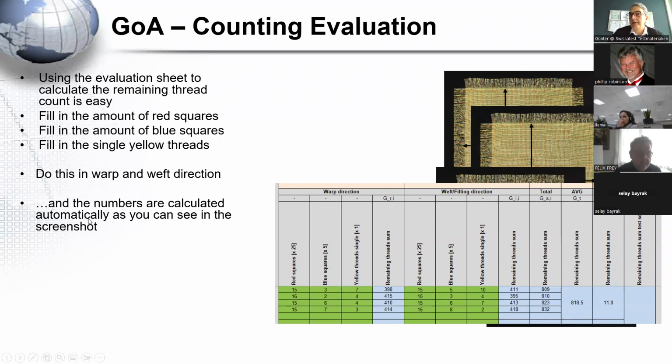And the numbers are calculated automatically. As you can see here in this screenshot, you do this in warp direction, you do it in filling direction, and at the end it will give you the remaining thread sum. It will also give you an average and also a standard deviation.